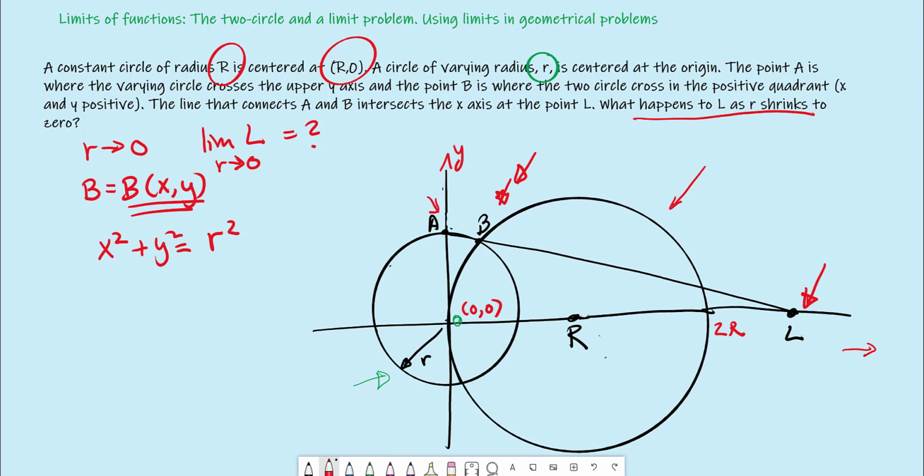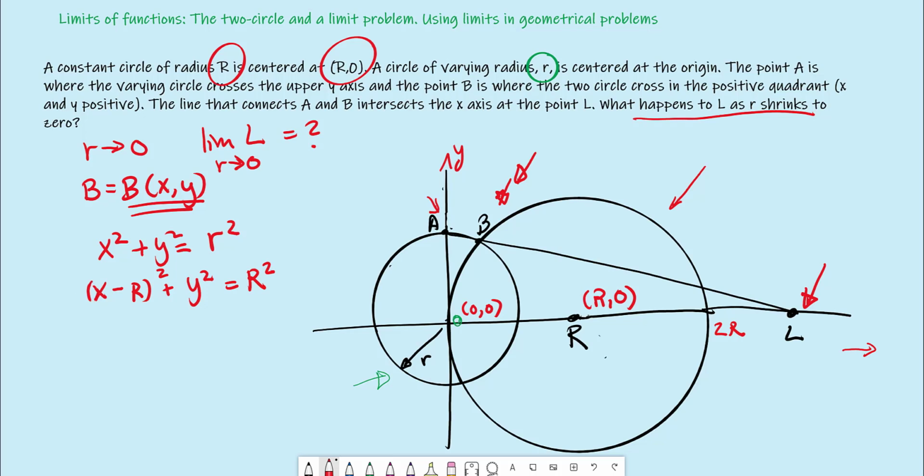What is the formula for the larger circle? Here we have something a little more complicated. We are centered around the point capital R, 0. So we have (x minus capital R) squared plus y squared equals capital R squared.